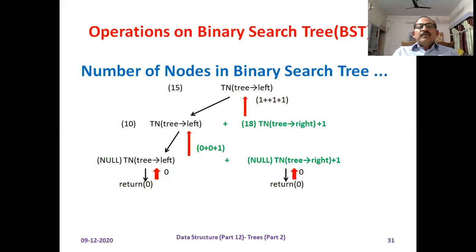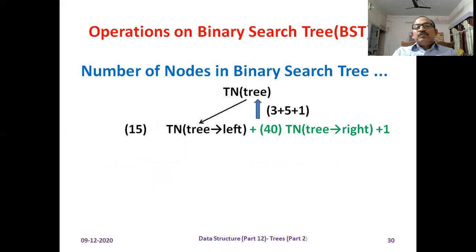Okay. Now before this, what is the suspended activity? Tn tree right means node 40 plus 1. So here you can see at the place of node 15, the recursive function tree left gets a value 3. Okay. And now let us see what will be the value returned by the recursive function Tn tree right.